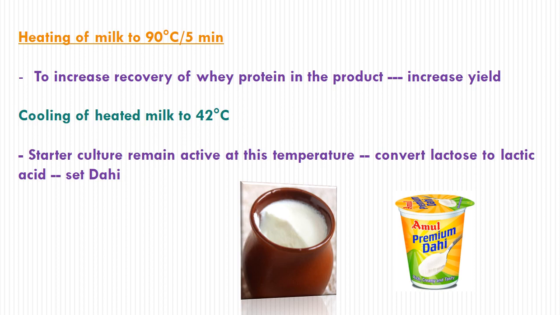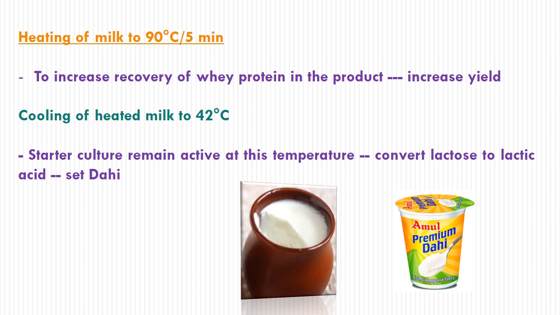Here, as I mentioned in the flow chart, the heating is done at 90 degrees Celsius for 5 minutes, though that much is not required for actual pasteurization, but this helps in better recovery of the whey protein. Whey protein, being soluble in nature, does not fully participate in coagulation. So if we get more of this whey protein, this higher temperature helps, and that increases the yield.